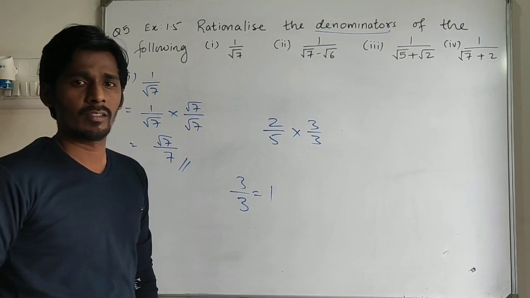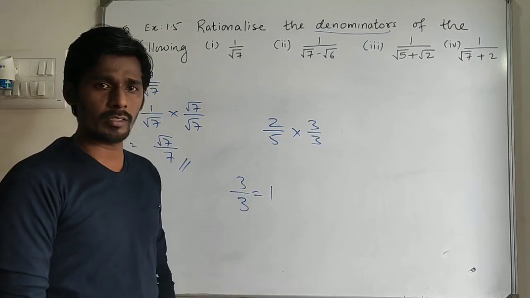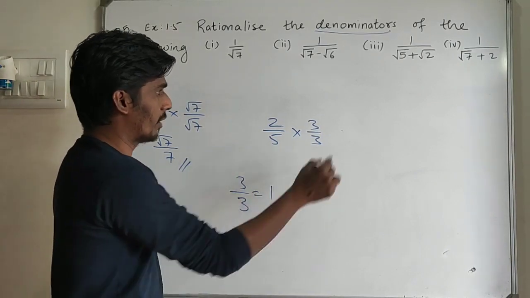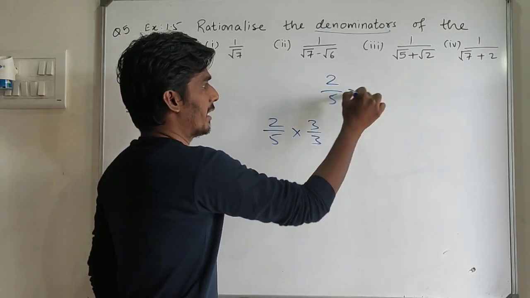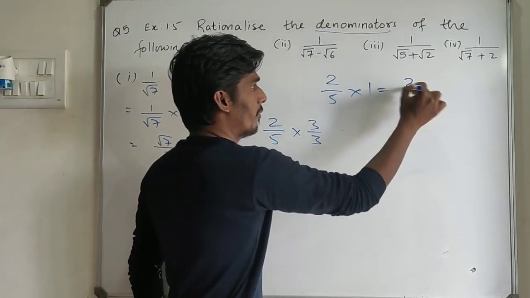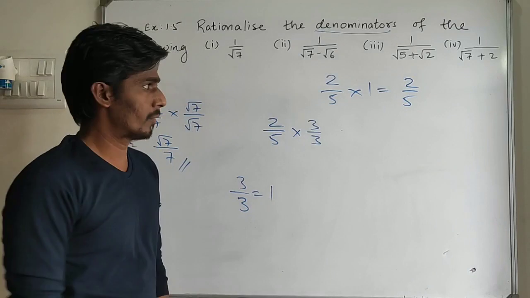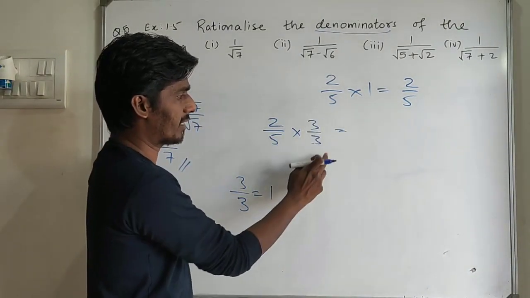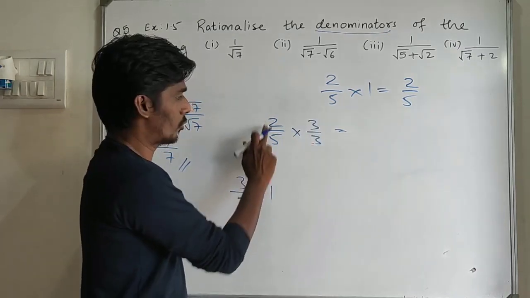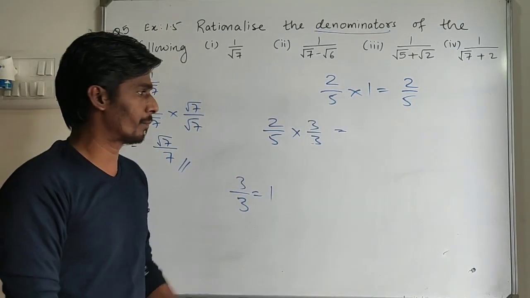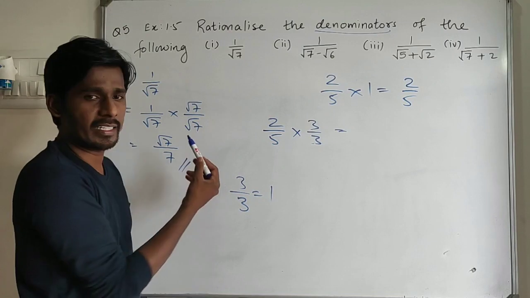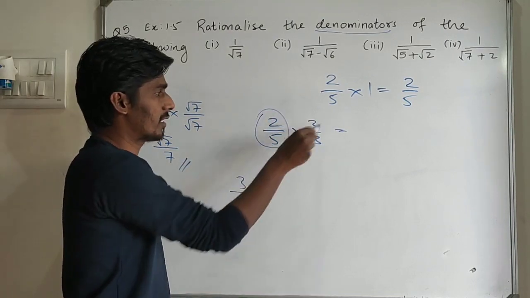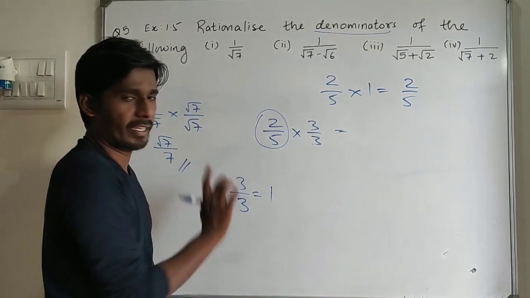It's actually 1. 3 by 3 is equal to what? 1. So if any number is multiplied by 1, the value will remain the same. What will its value be? Same. Because we know that if I cancel this 3 and 3, the value of 2 by 5 will remain 2 by 5. So by multiplying and dividing by the same number, the value of the whole number will remain 2 by 5.